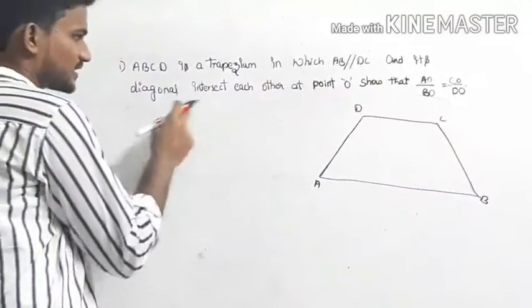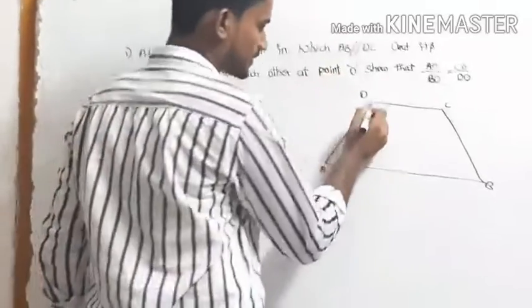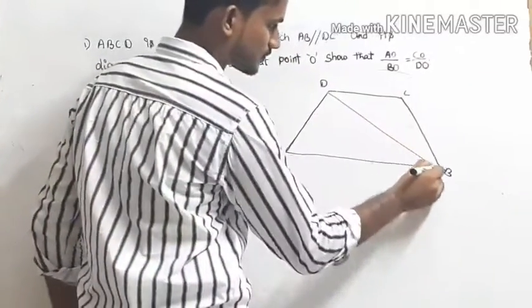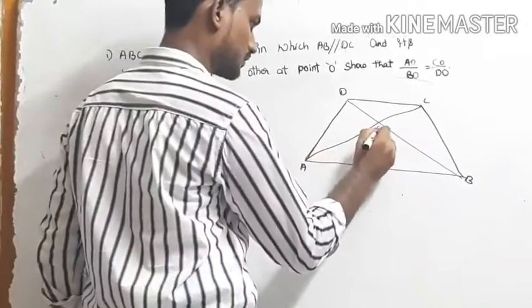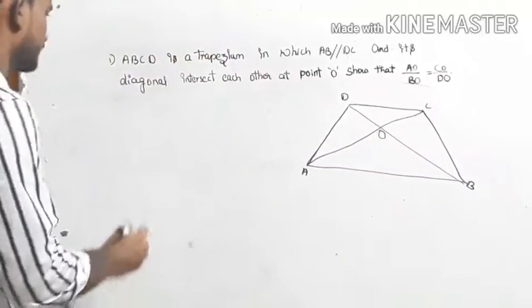These are the diagonals, intersecting at point O.